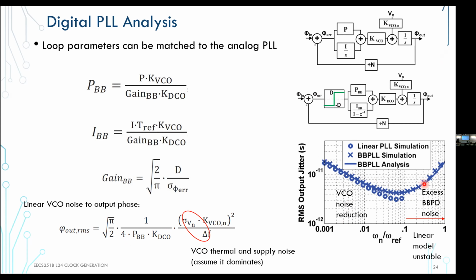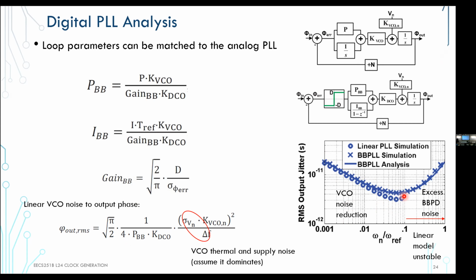So you set the loop bandwidth to trade off these two noise sources. On one hand, you want a very large bandwidth loop to suppress the VCO noise, but then you start admitting all the extra noise generated by the bang-bang detector, or your digital phase frequency detector. The sweet spot is somewhere around 1/10 of the reference clock frequency, where you get the smallest amount of noise.